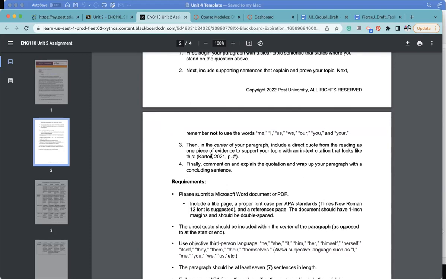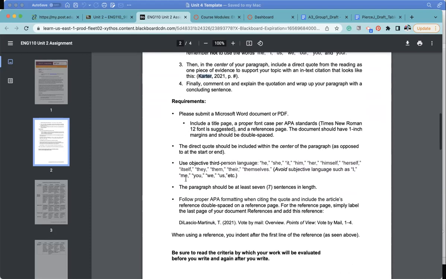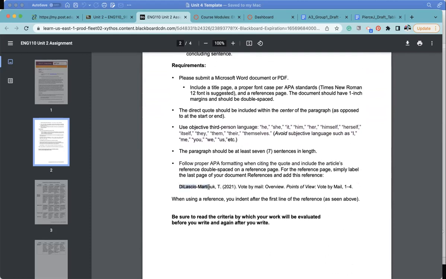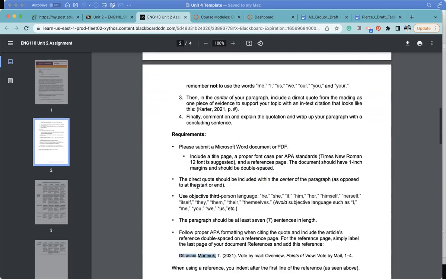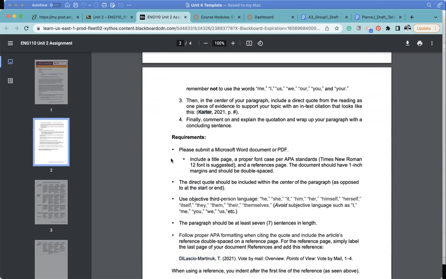Now, I will say this is something that a lot of people get wrong, and I know why they get it wrong, but this name does not match this name. You want to cite the author of the article. So instead of Carter, that would say Delascio-Martinuk.